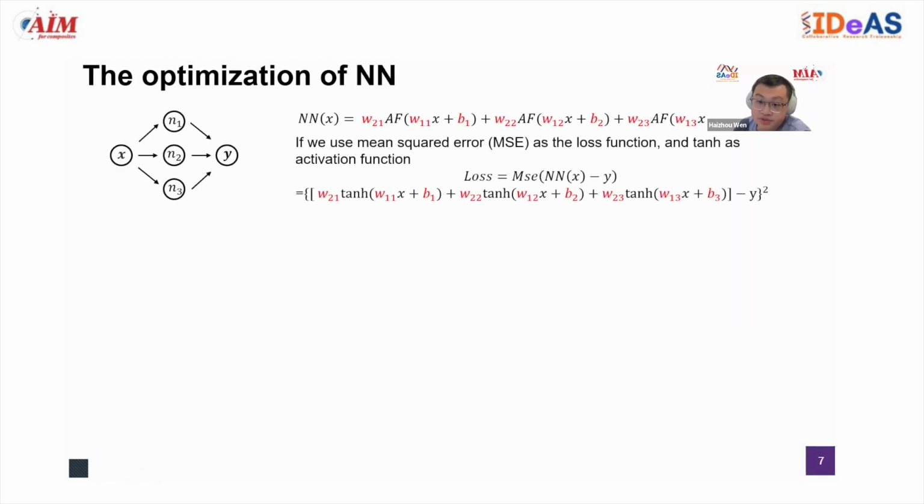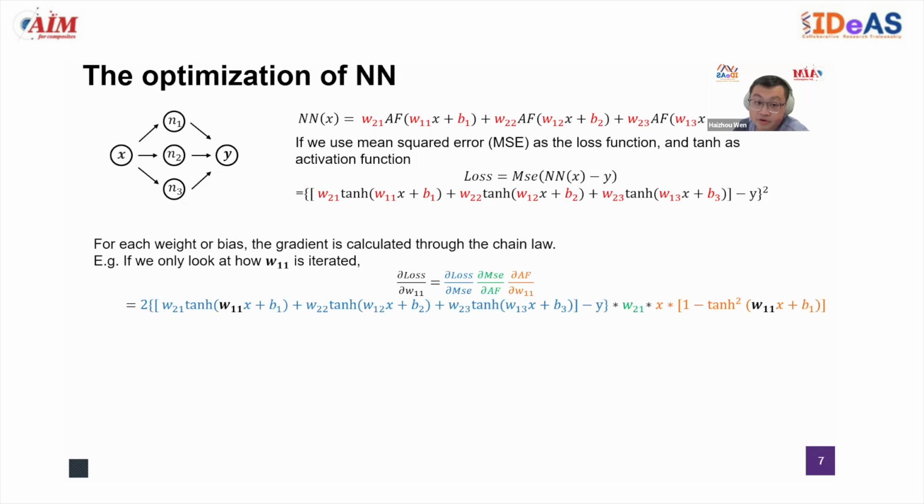So we'll still use the example of a 3-neuron FNN, and we define the loss function using MSE, which is the mean square error. We would have the loss function of this specific 3-neuron FNN looks like this. If we just focus on the optimization of one weight, say W11, in one iteration, we can treat all other variables as constants, and through the chain rule the gradient for W11 is calculated.